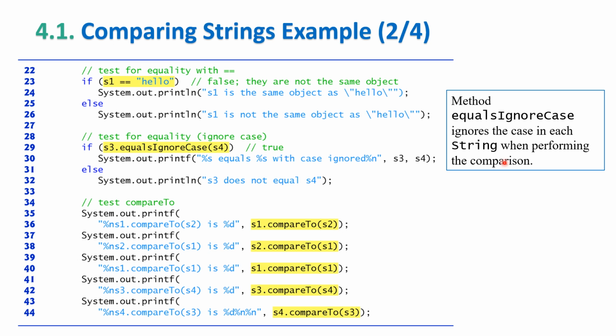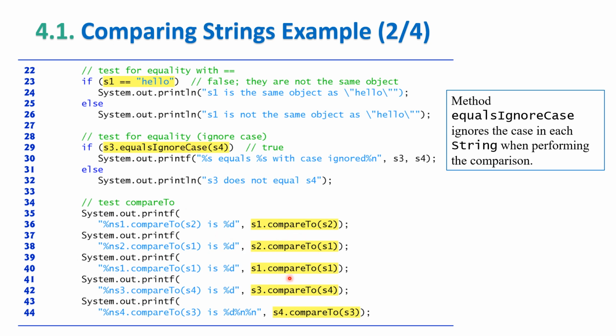So it works like the equals method, except that it ignores whether the letters in its strings are uppercase or lowercase when performing the comparison. So in this example, the call to equalsIgnoreCase will return true because the content of s3 and s4 only differ by the cases of the two initial letters in the string happy birthday.